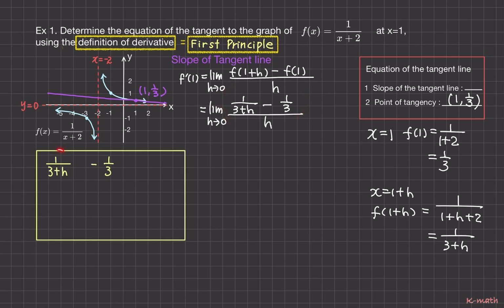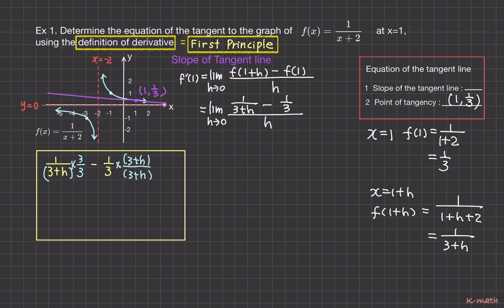We have 1 over 3 plus h minus 1 over 3. To simplify this, we need a common denominator. Let's get a common denominator by multiplying these two. So, for the first fraction, multiply by 3 over 3. And for the second fraction, multiply by 3 plus h over 3 plus h.